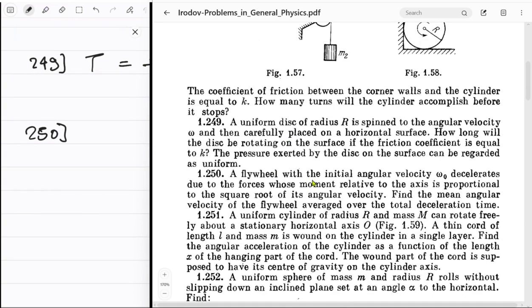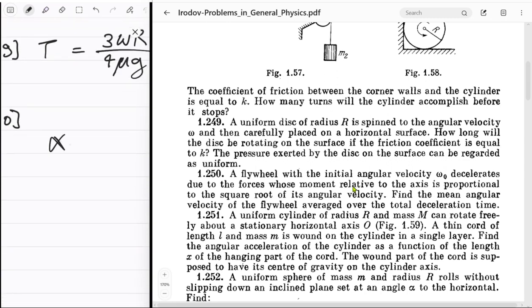A flywheel with initial angular velocity omega naught decelerates due to the forces whose moment relative to the axis is proportional to the square root of its angular velocity. So, okay, cool.